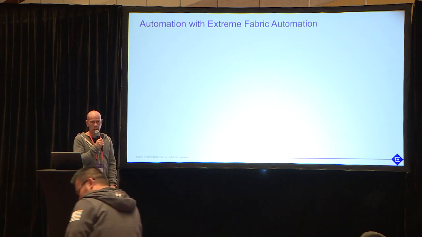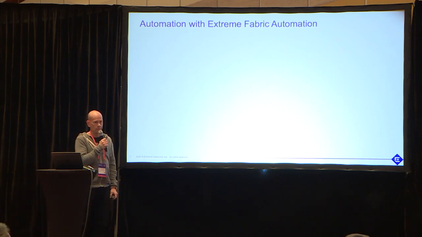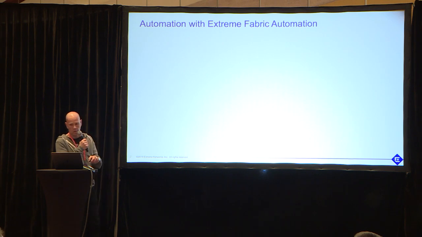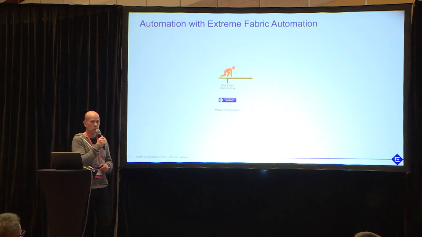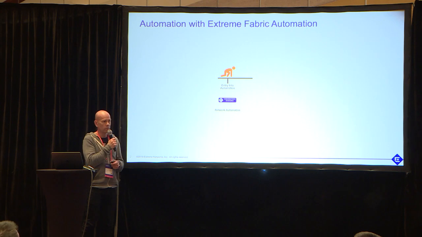So we see automation as a journey. You start from somewhere. Today you start from a basic automation that might be just for the network part, some in-house built script or something like that.